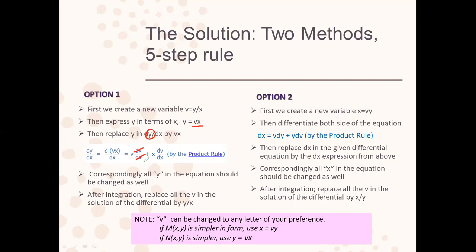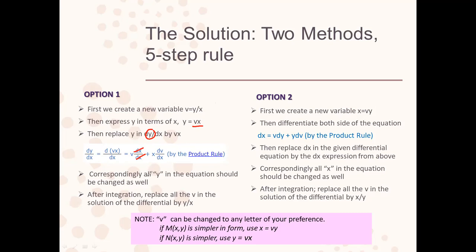So you have actually now, in your original differential equation, replace dy dx by v plus x dv dx. So that's why we're using product rule of differentiation here. So again, set this equation. Then from this equation, get an expression of y in terms of x. And all of this will be the expression that will replace y in your original DE. So correspondingly, all y in the equation should be changed as well.